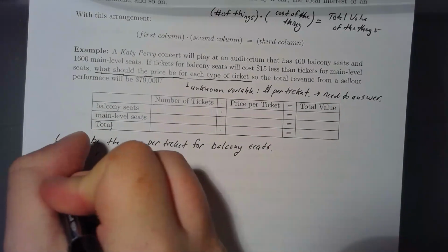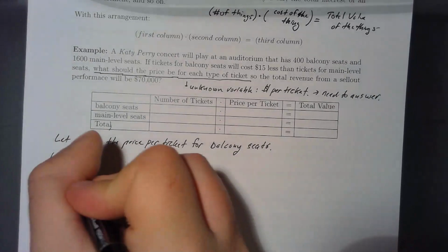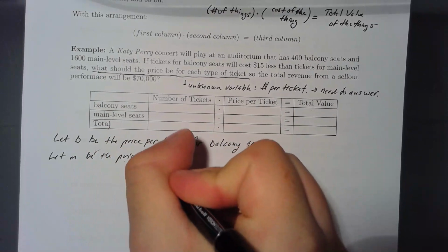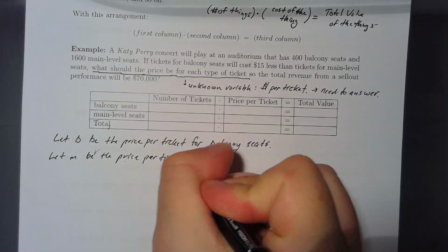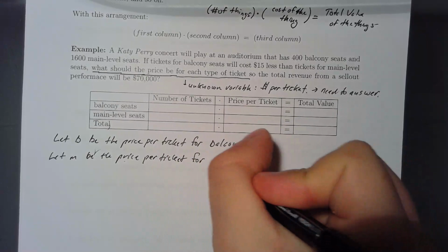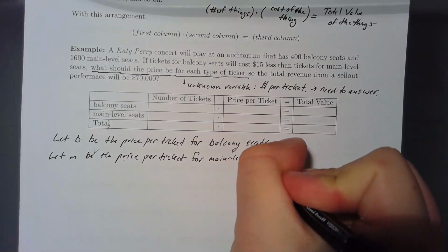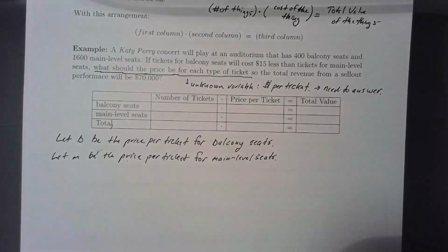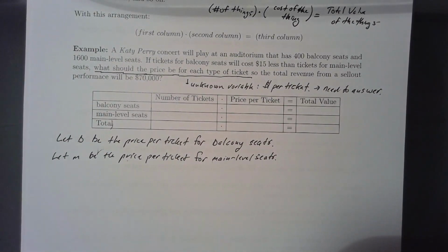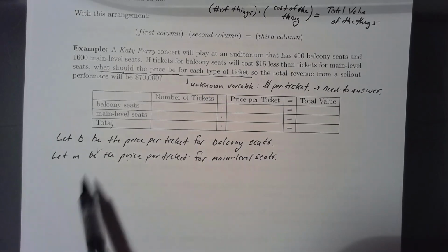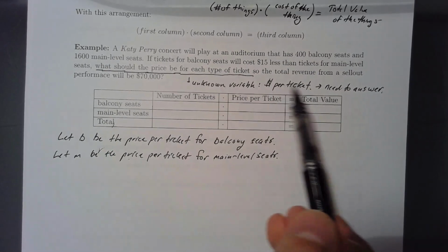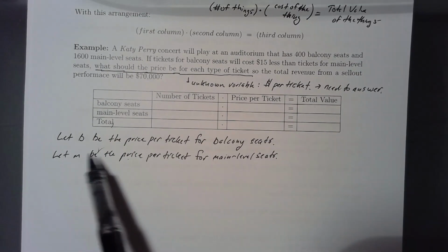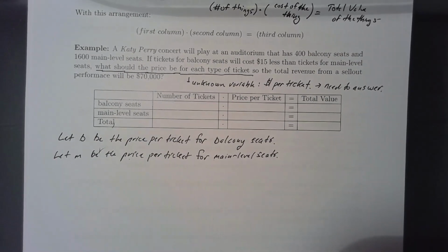And I'm going to let M be the price per ticket for main level seats. Because they're my unknowns, the price per ticket is my unknown variable. So I'm letting B be the price per ticket for the balcony seats, and I'm letting M be the price per ticket for main level seats.